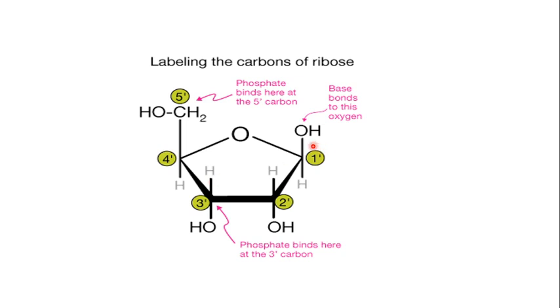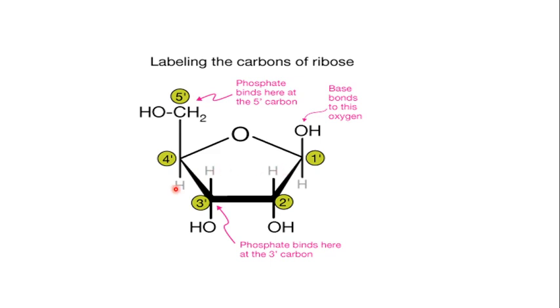Now at this particular position, the carbon number 1 position, this is the position where the nitrogenous bases are going to bind to the sugar molecules, and at the position number 5, the phosphate group is attached. And at this particular third position, the phosphate from the other nucleotide is going to interact over here.